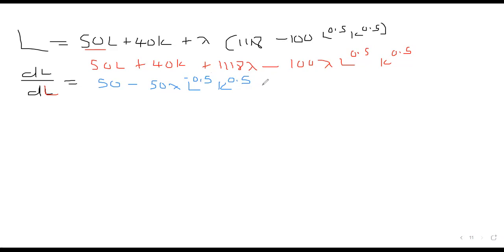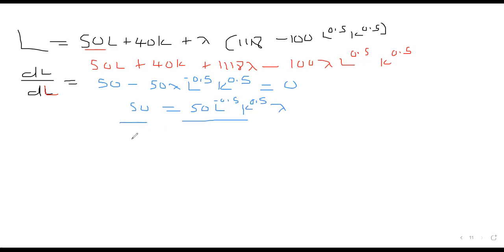So when you set it to 0, we want to make lambda the subject. So we're going to have 50 is equal to 50 L 0.5, K 0.5 lambda. So we divide both sides by this one, so I leave lambda alone.